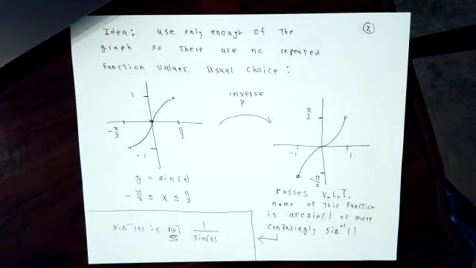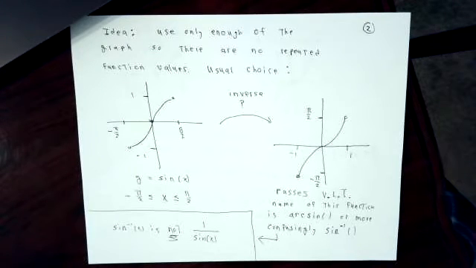I need a chunk of the sine of x graph that produces all conceivable sine values from -1 to +1, but only produces each sine value exactly one time.